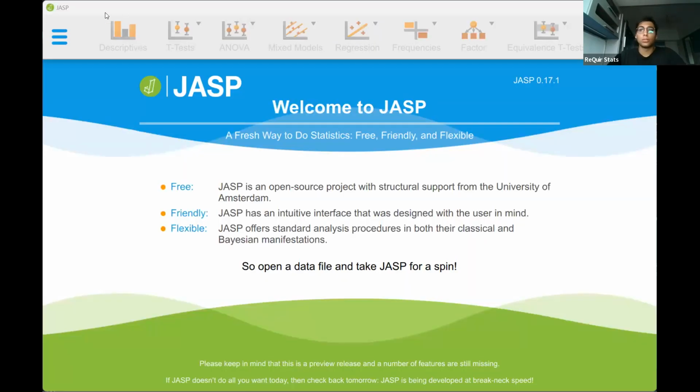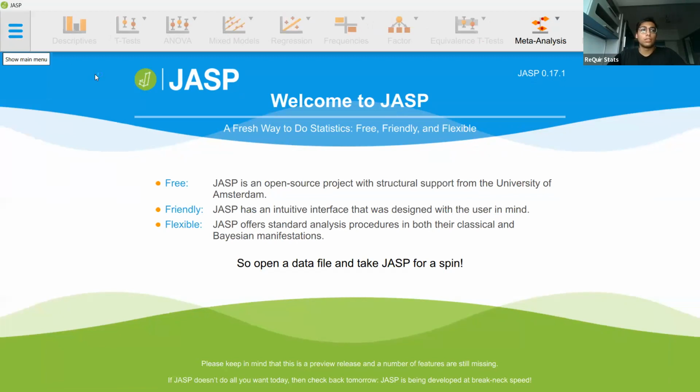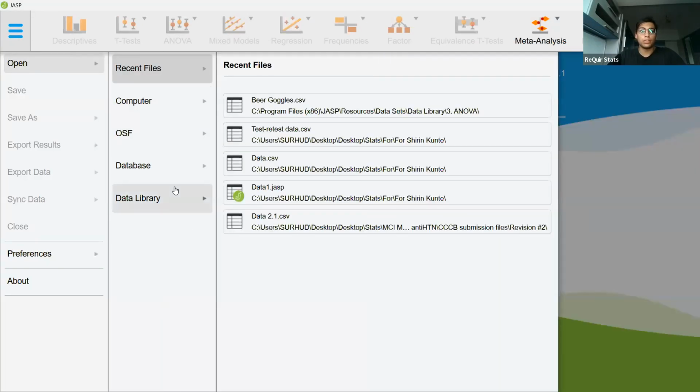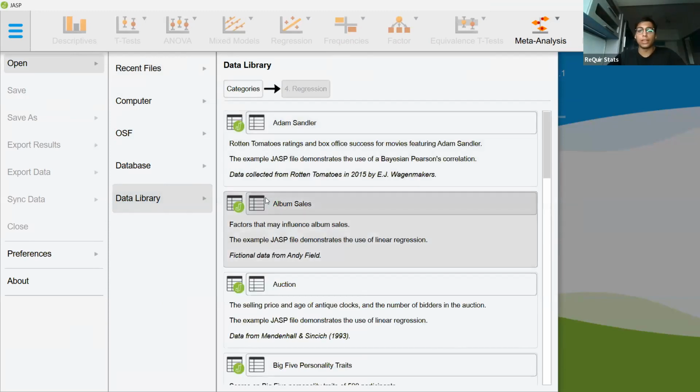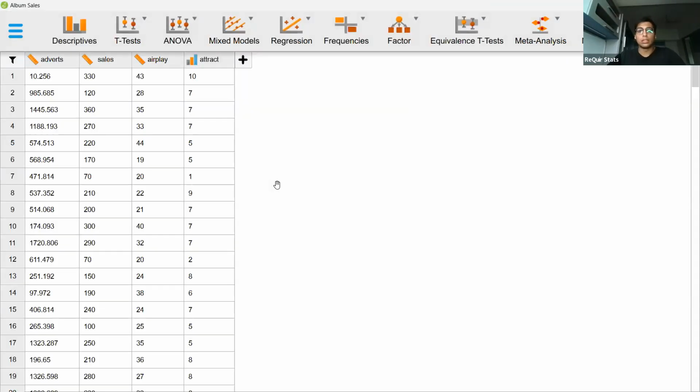Okay, so I think you can see the screen. So I want you to open yesterday's data set, the album sales data set. By now we know what this data set is and what all the variables are.